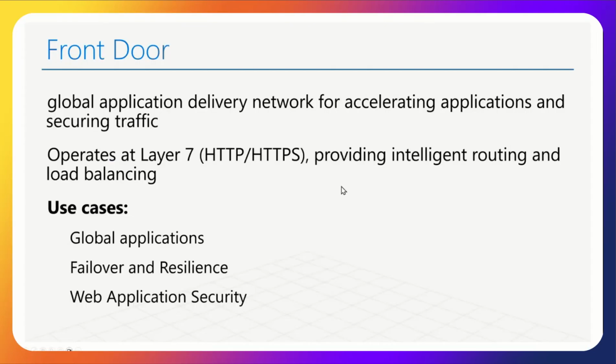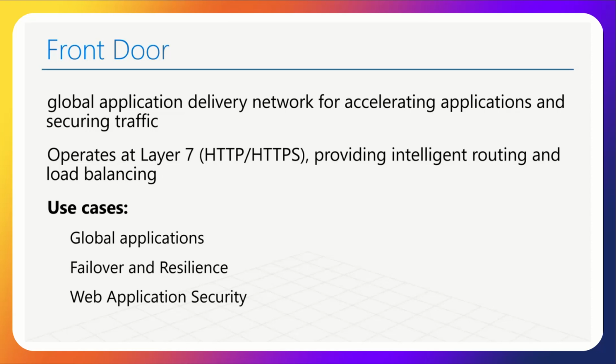Front door. So we saw an application gateway, which allowed me to scale within a specific region. A front door allows you to scale your application globally or more resiliently. Let's say you have a large base of users on the East Coast and a large one on the West.